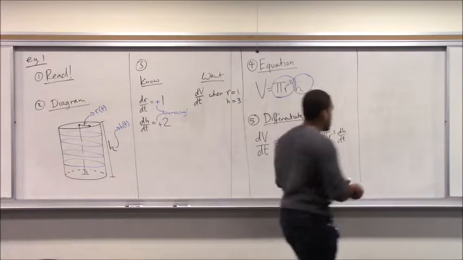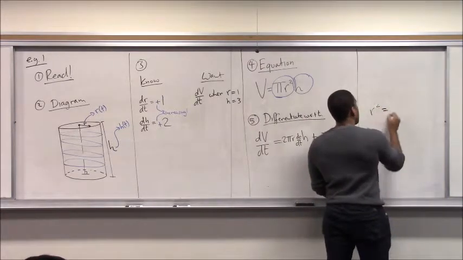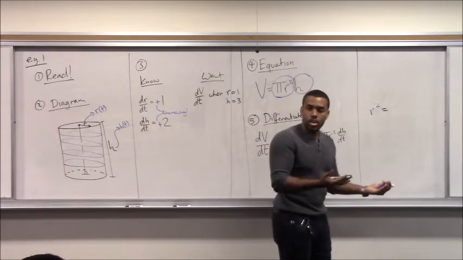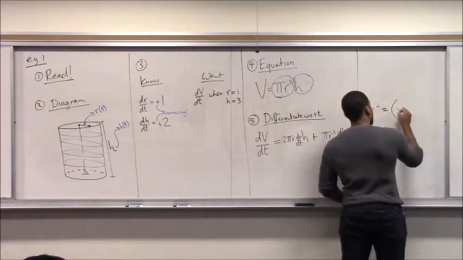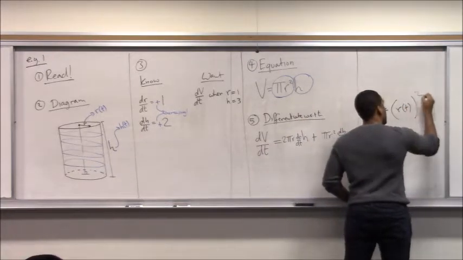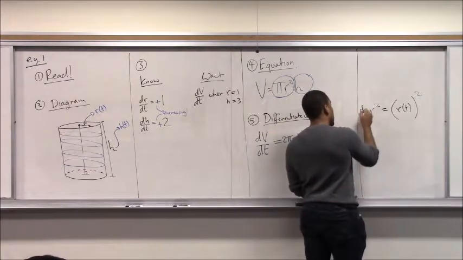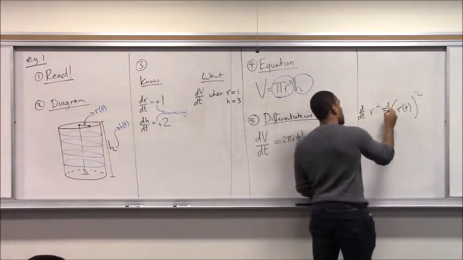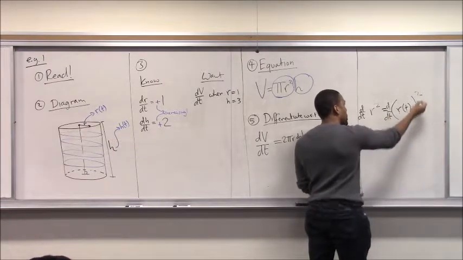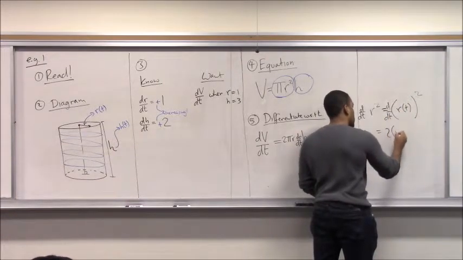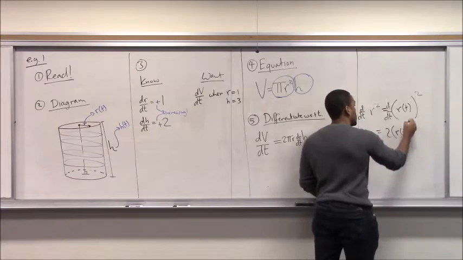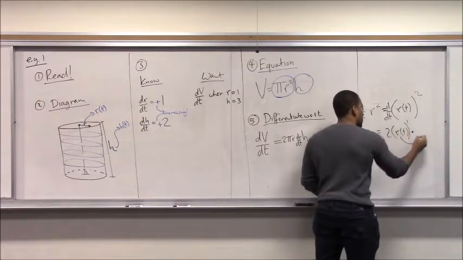Because when you see r squared, you have to remember, it's not just an r, it's a function. It means there's some function inside of a square. And so if you want to differentiate that with respect to time, you have to do the chain rule. The 2 has to come down in front, leave the inside alone, multiplied by the derivative of the inside.